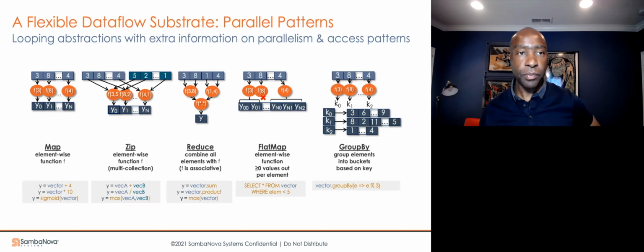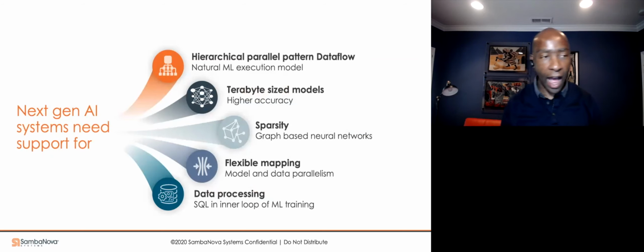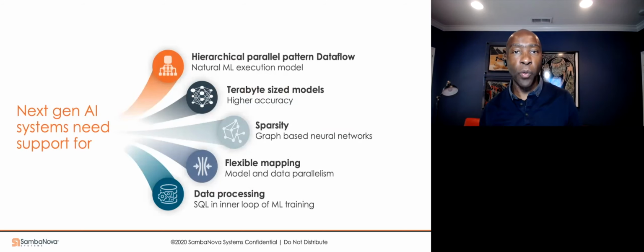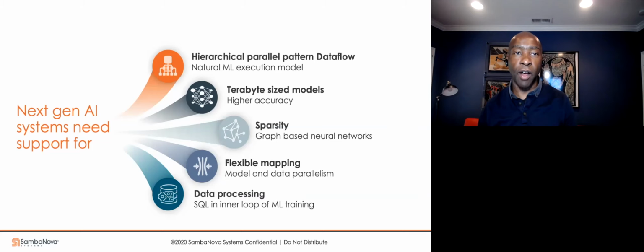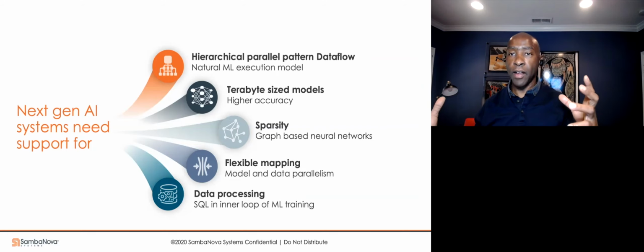So what kinds of capabilities should next generation AI systems support? Well, I made a case that this hierarchical parallel pattern data flow is a natural model for executing these ML, AI, and other sorts of applications. The other big trend in ML and AI is the use of very, very large models trained on huge amounts of data to increase the accuracy of the models, right?